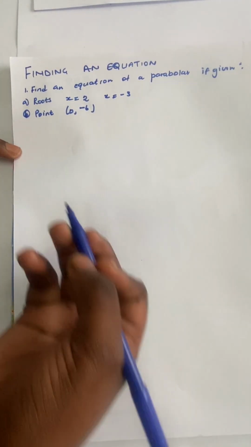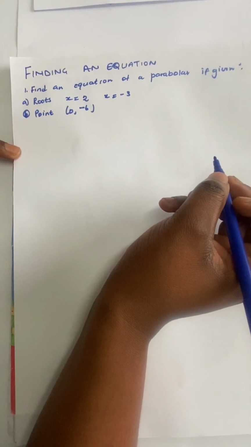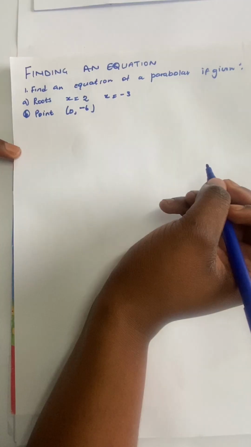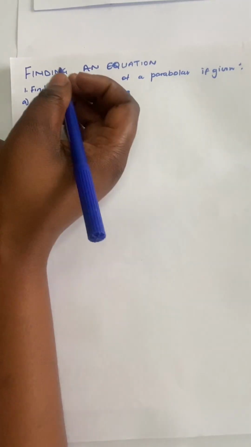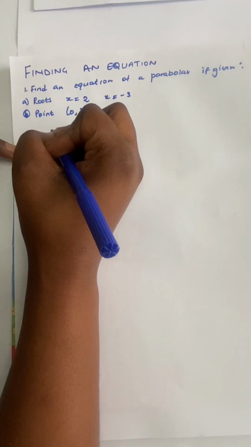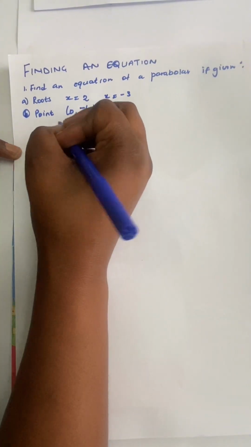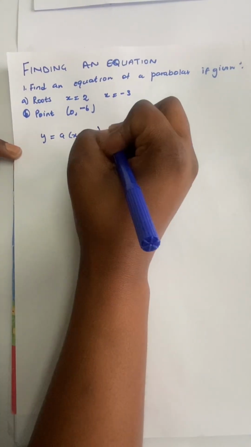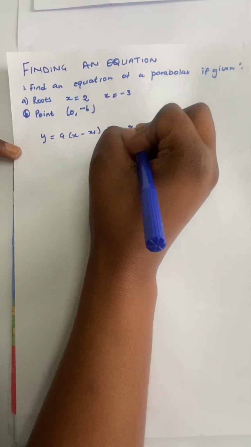All right, so there is a formula that you use to substitute these roots. The formula for substituting roots is y is equal to a into x minus x1, x minus x2.